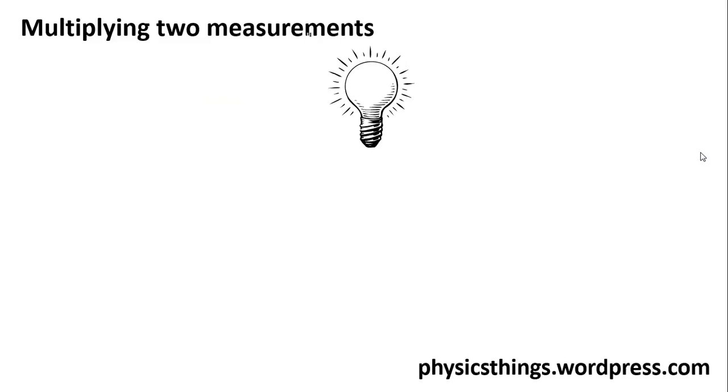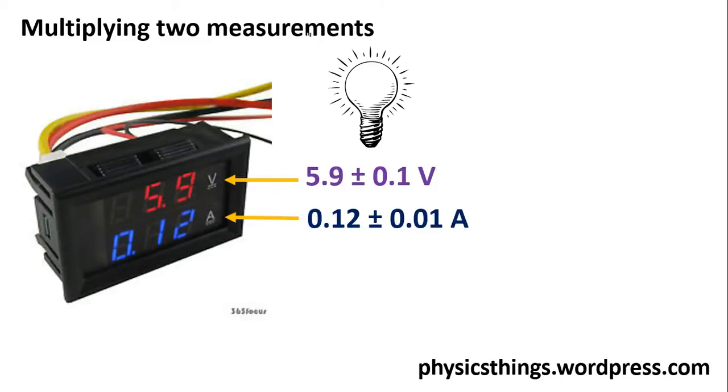So, let's imagine a light bulb, and running through that light bulb, we are measuring a voltage across it in parallel and a current running through it in series. So we have a voltage at 5.9 plus or minus 0.1 volts and our current of 0.12 plus or minus 0.01 amps are absolute individual uncertainties.